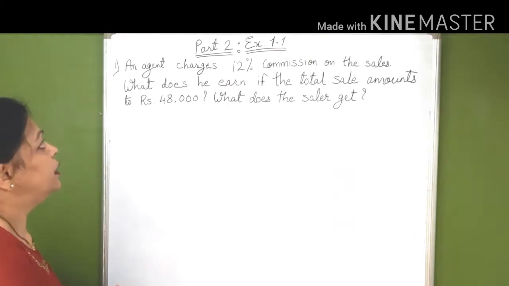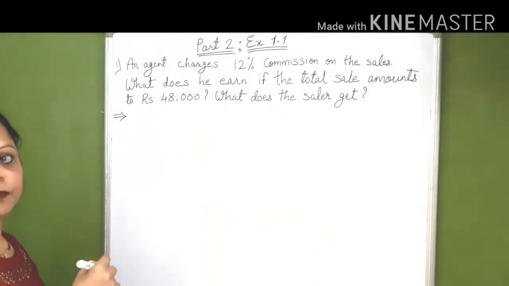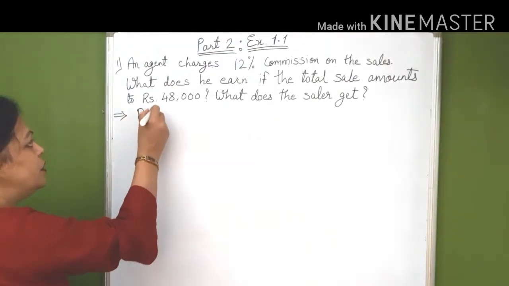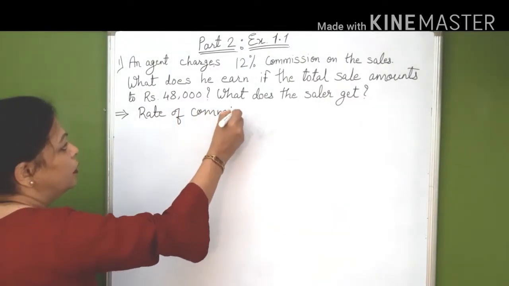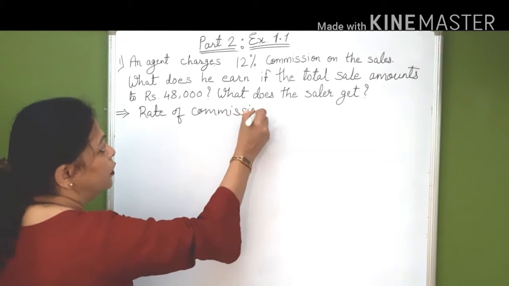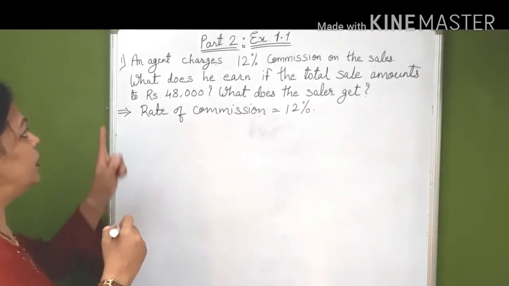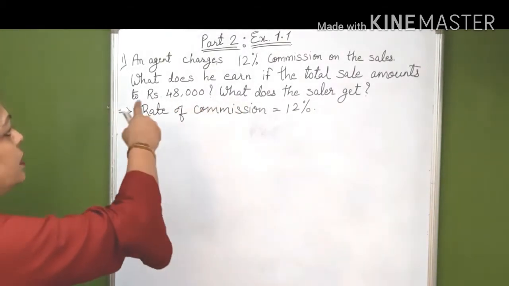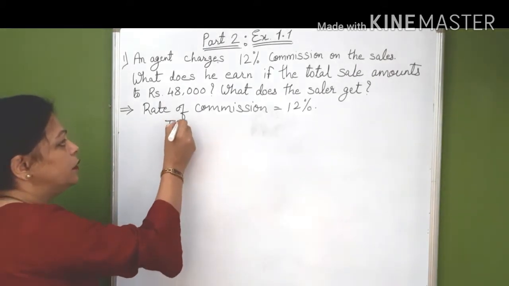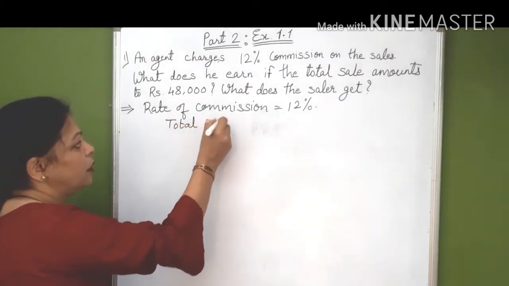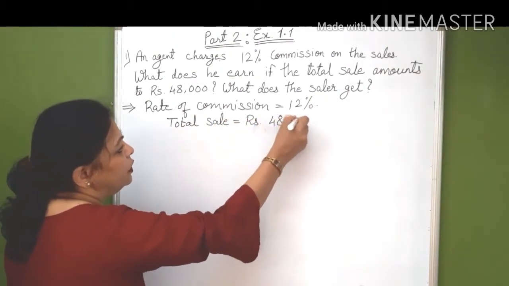Now see over here, the rate of commission of the agent is 12%. Correct? So rate of commission is 12%. Fine. On the sale, what does he earn if the total sale amounts to rupees 48,000? So total sale is rupees 48,000.